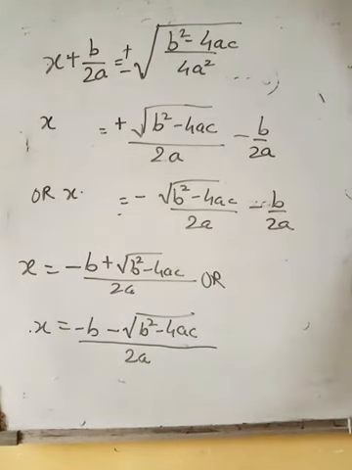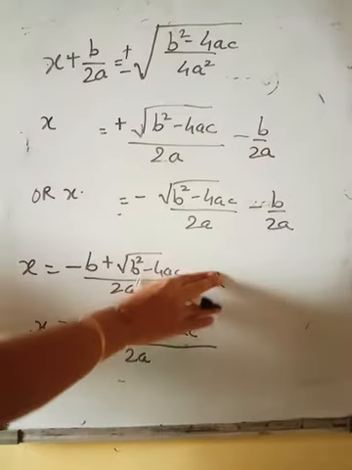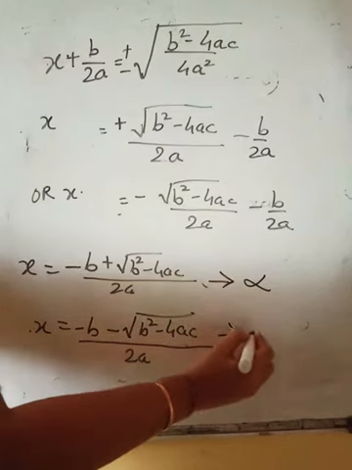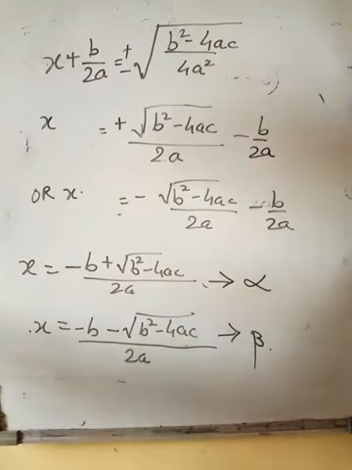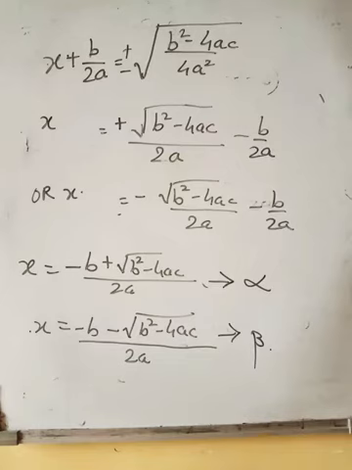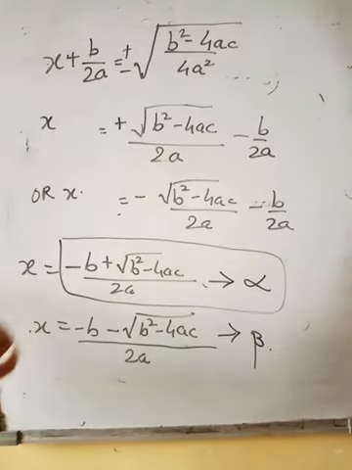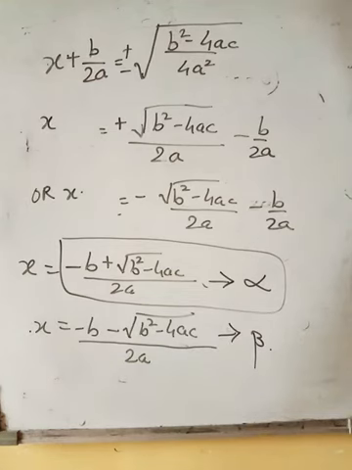We call this part alpha and we call this part beta. If alpha and beta are the two roots, then alpha can be written as minus b plus square root of b square minus 4ac upon 2a, and beta is equal to minus b minus square root of b square minus 4ac upon 2a.